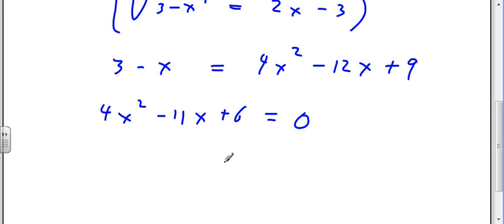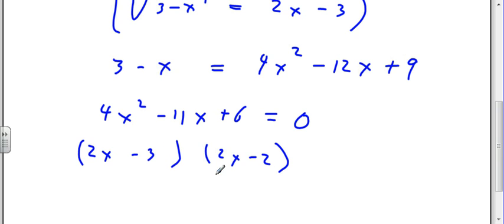Now, is that something that's factorable? If I had 2x and 2x, and I had minus 3 and minus 2, I don't get there.